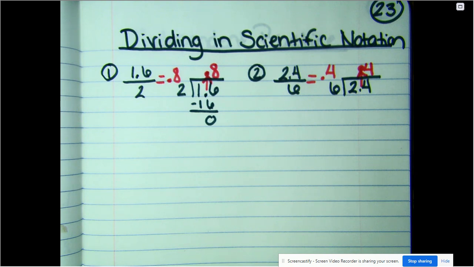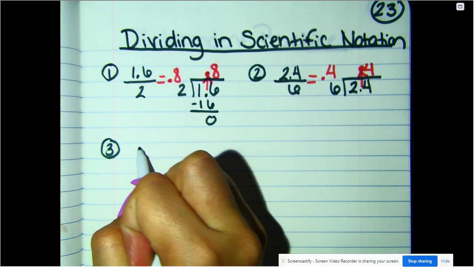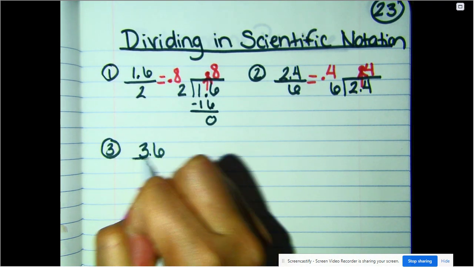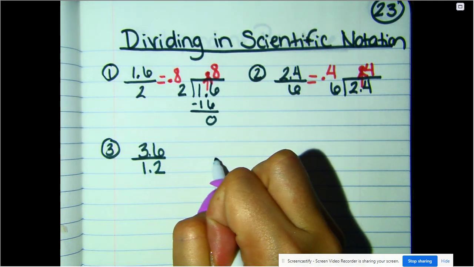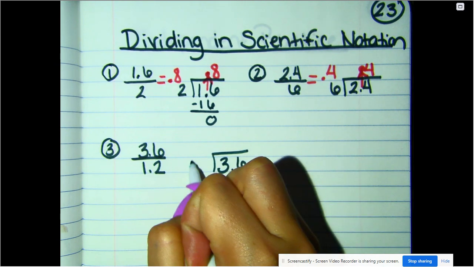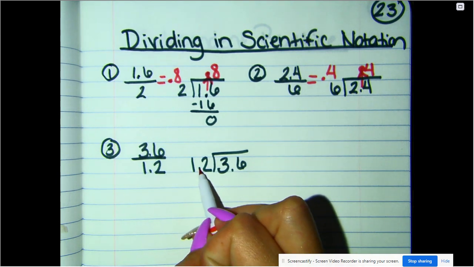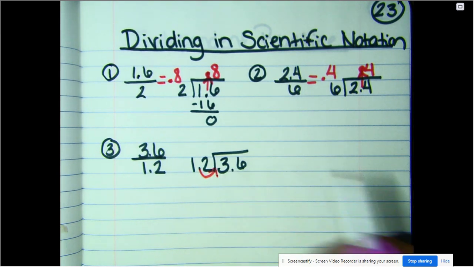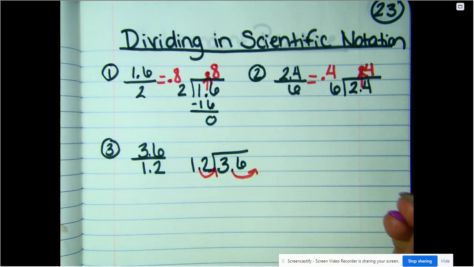Now it gets a little bit more tricky. Let's say I have number 3, and that is 3.6 divided by 1.2. So 3.6 is going to go inside, and 1.2 is going to go on the outside. Now, whenever we divide by a decimal, my decimal place value needs to change once here, and also once on the inside as well.